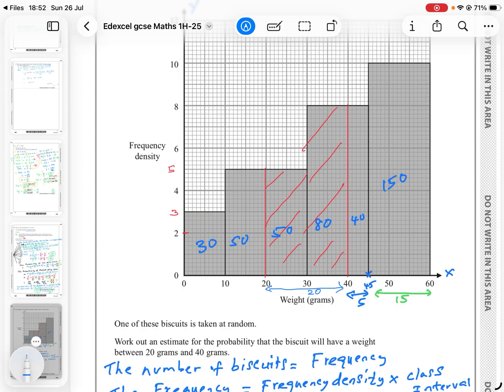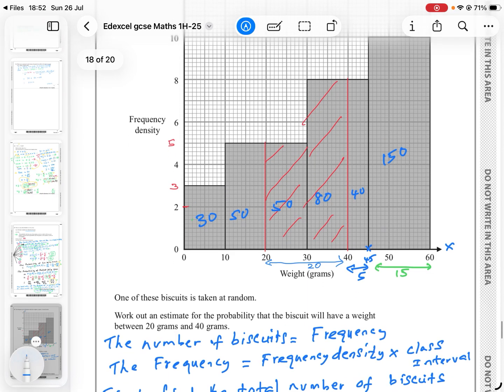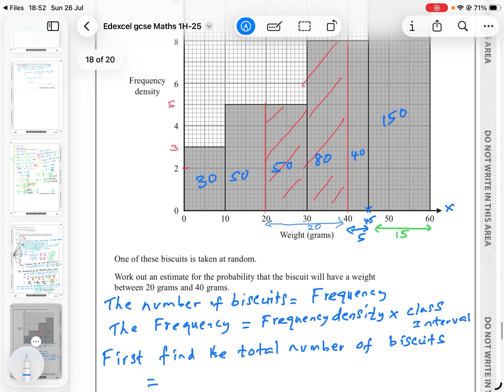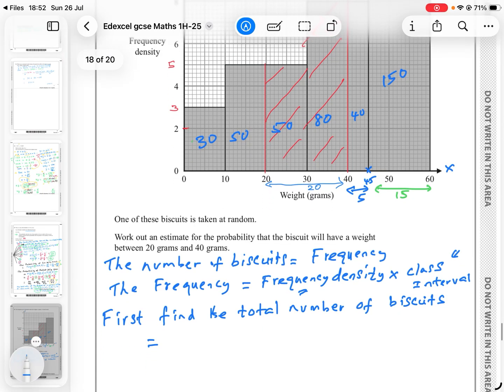So before working out this probability, first the number of biscuits equals the frequency. The formula for the frequency is frequency density times class interval. So now using this formula, I'm going to find the total number of biscuits.